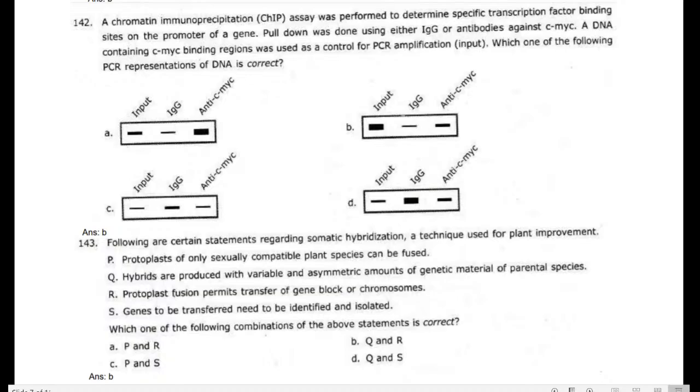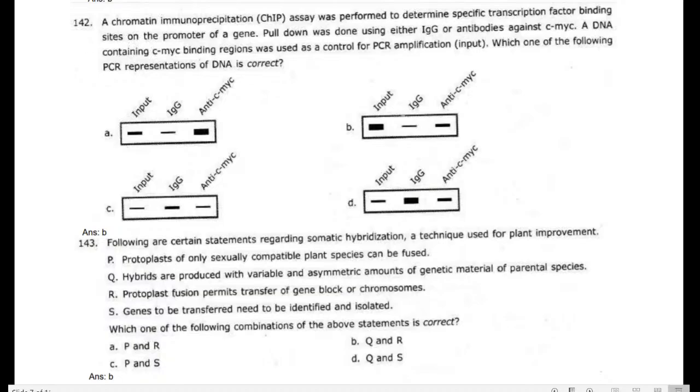Whenever you are studying the content, if we want to understand the story, then only we will enter into the concept. The ChIP assay was performed to determine a specific transcription factor binding site, on the promoter of the gene.